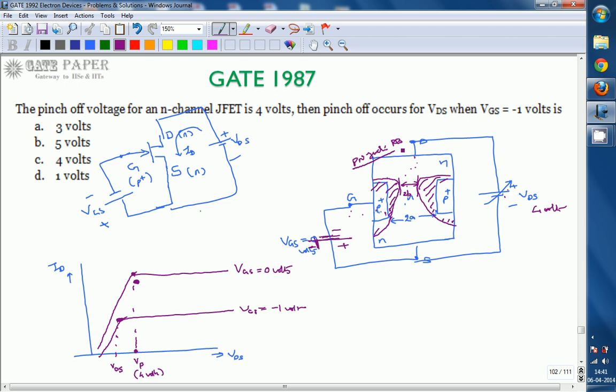So 4 volts reverse bias is getting the pinch off condition when VGS is equal to 0 volts.